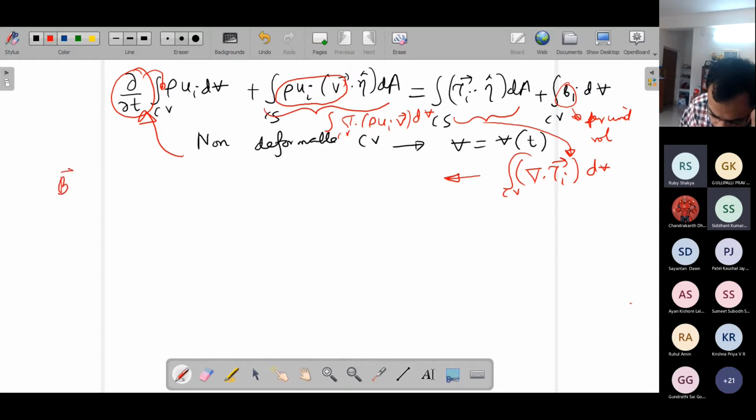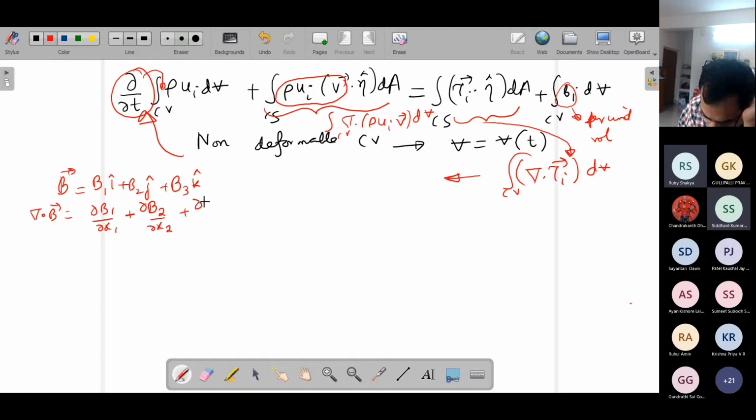So vector B: B1 i plus B2 j plus B3 k. So the divergence of the vector B is given by this operator.